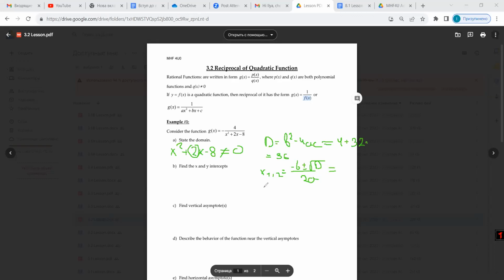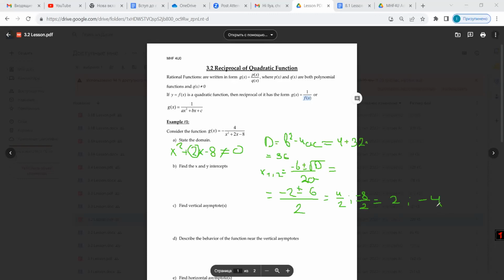If I remember right, you can correct me if I'm wrong. So negative b would be negative 2 plus minus square root of 36, plus minus 6, divided by 2a, which is 2. So negative 2 plus 6 would be 4 over 2, and negative 2 minus 6 would be minus 8 over 2, which gives us one root 2 and the other root negative 4.